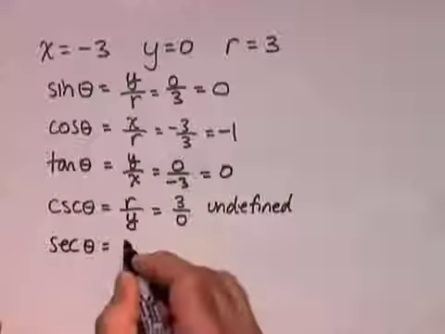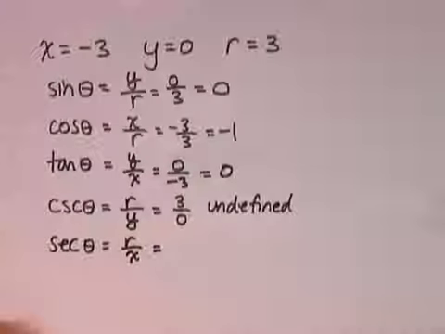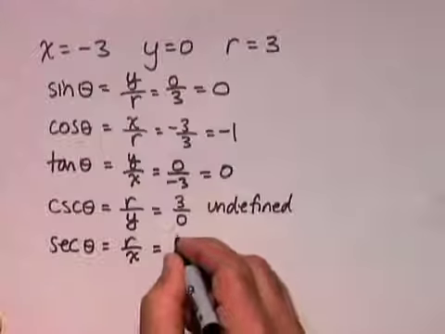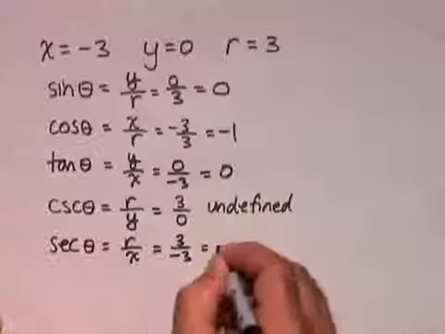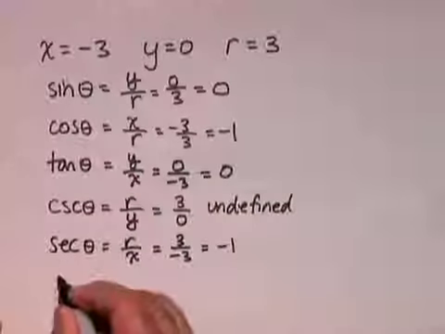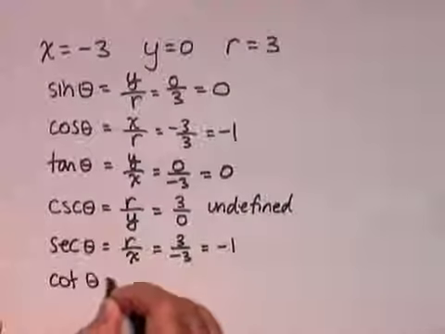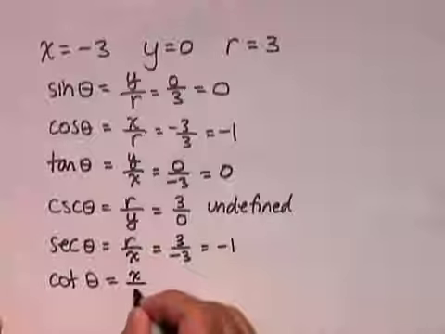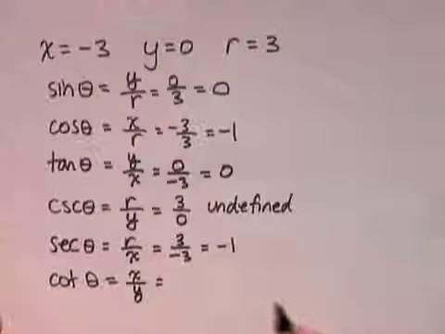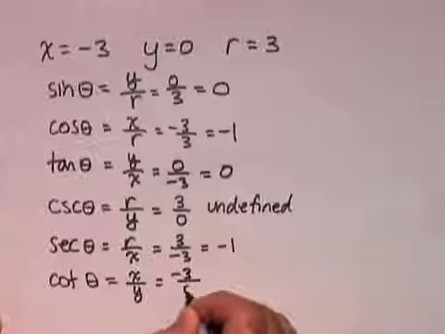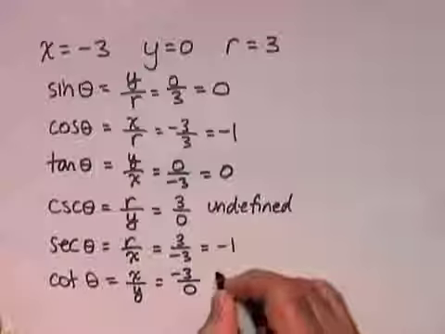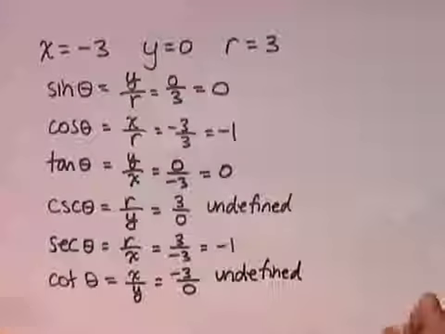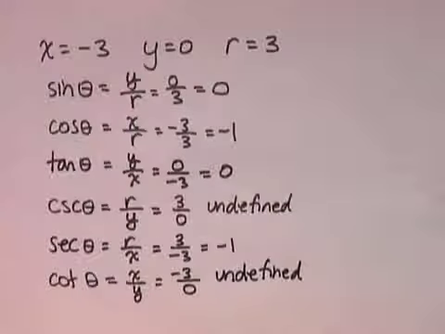Secant of theta is r divided by x, which would be equal to 3 divided by -3, which equals -1. And the cotangent of theta is equal to x divided by y, which is equal to -3 divided by 0, and that is undefined. So those are the 6 values of the trigonometric functions for the angle theta.